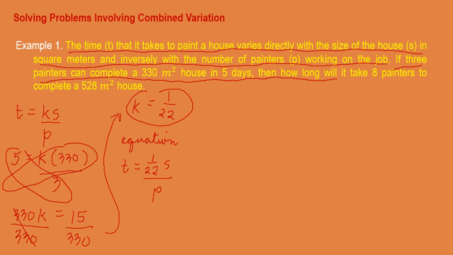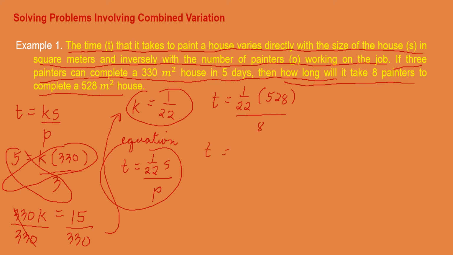Question: how long will it take 8 painters to complete a 528 square meter house? So in short, what is T when S is 528 square meters and P is equal to 8?